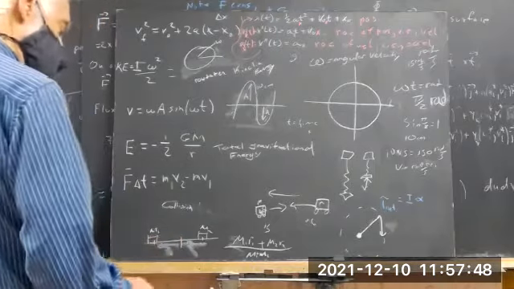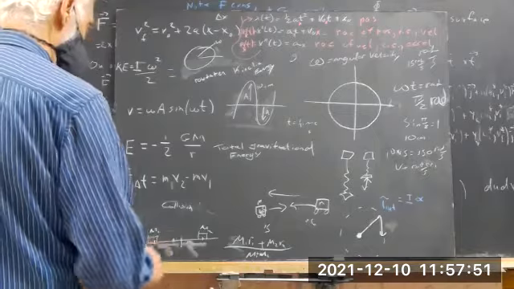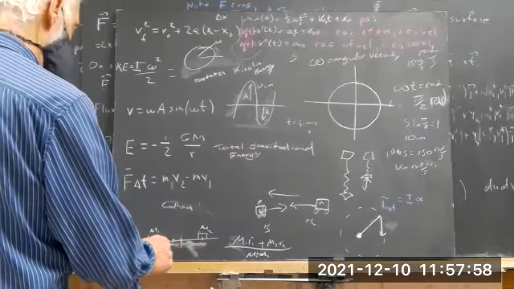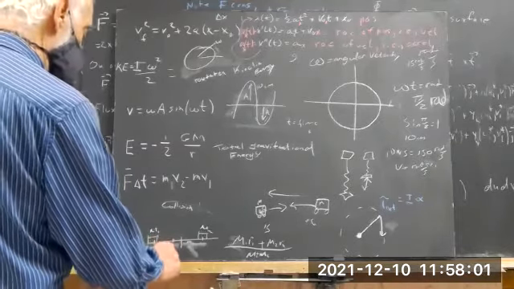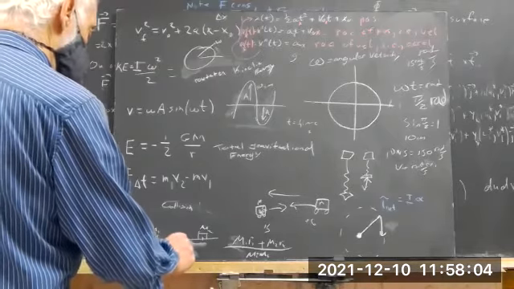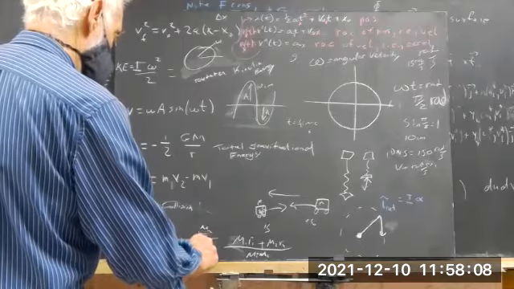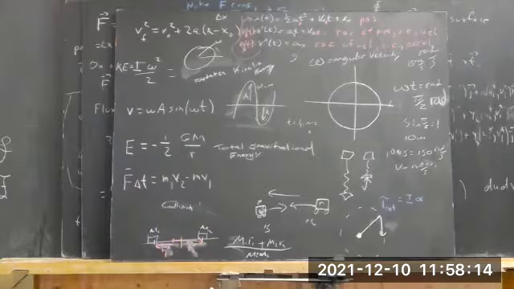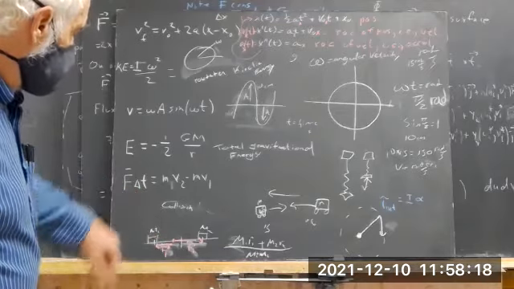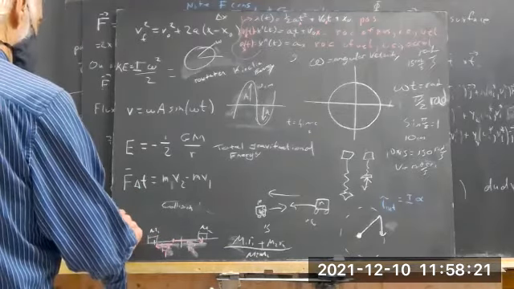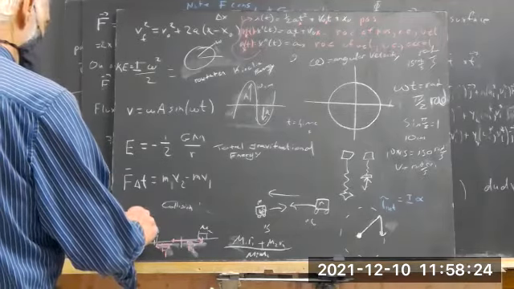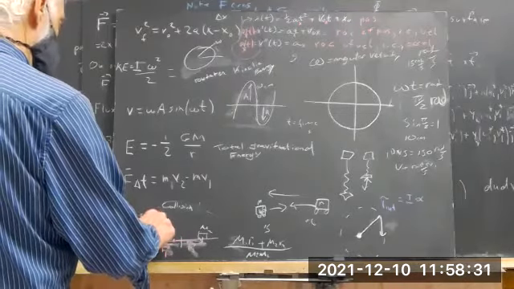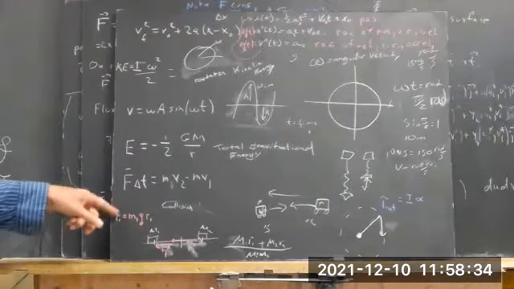So let's say if this vector represents R1 and this vector is R2, then the torque here is M1 g R1.